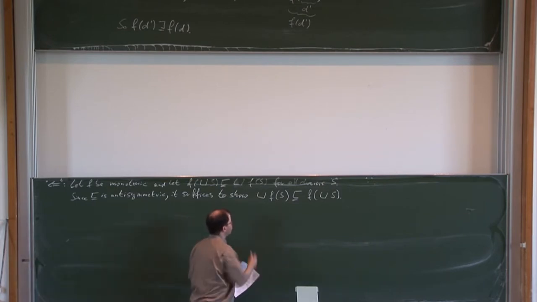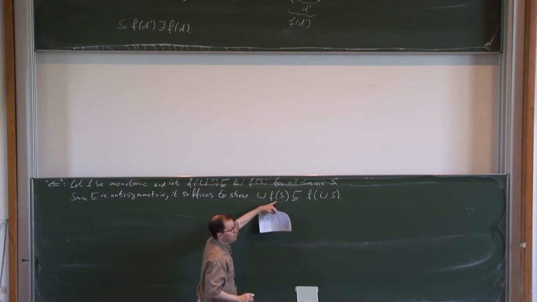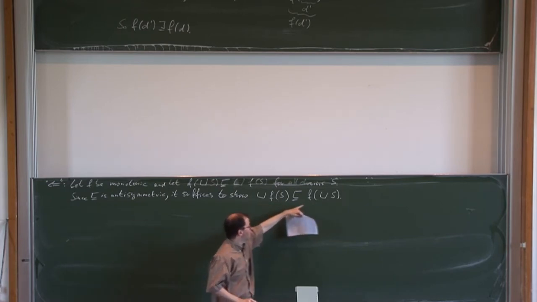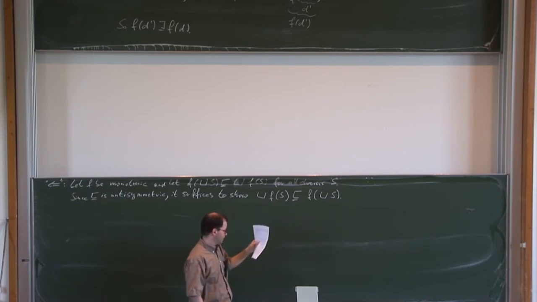Now, what does this mean? This means that the least upper bound of this chain is smaller than this element over here. And if we want to show this, it's sufficient to show that this is also an upper bound of f of s.